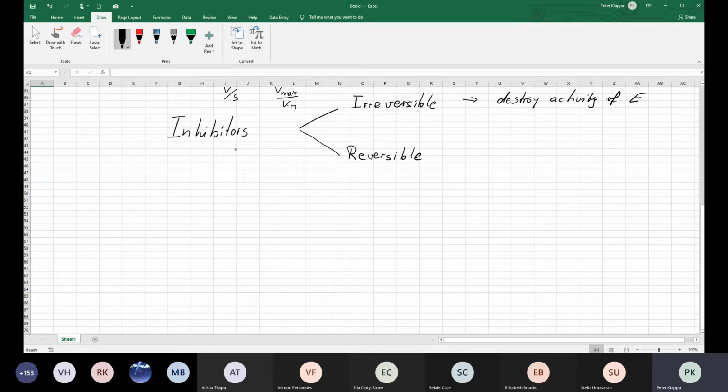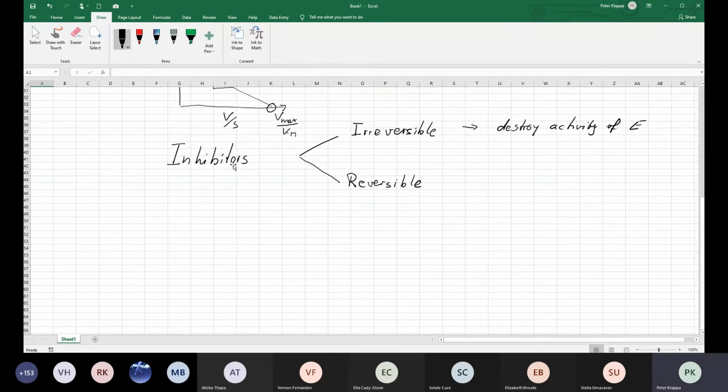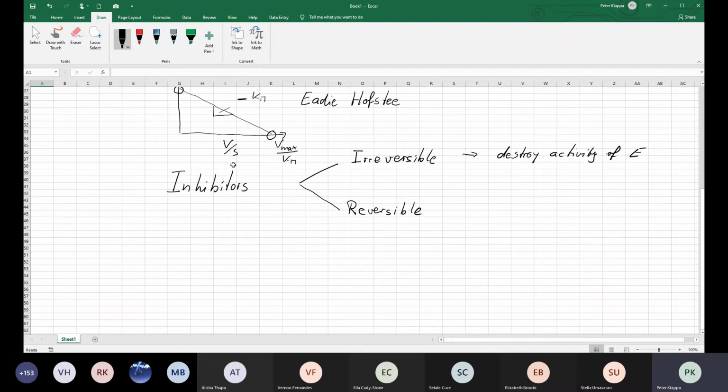If the enzyme cannot recover from this treatment, the activity is destroyed and the enzyme is irreversibly damaged. They can be very, very potent, of course, but they're not terribly interesting.